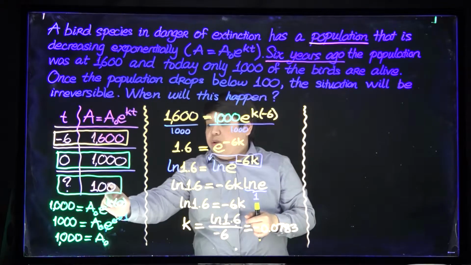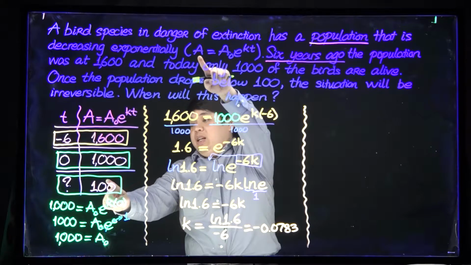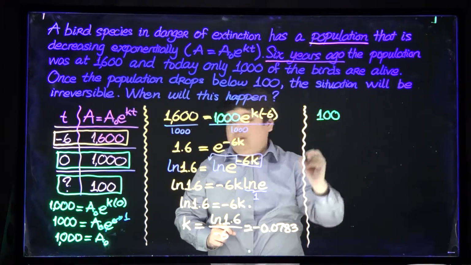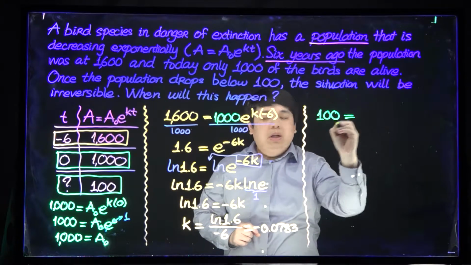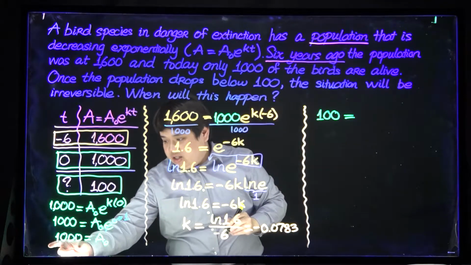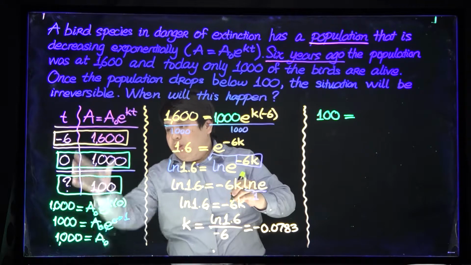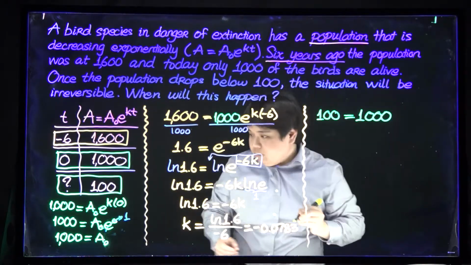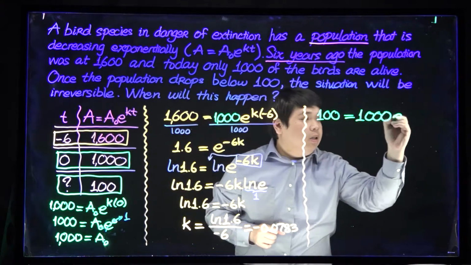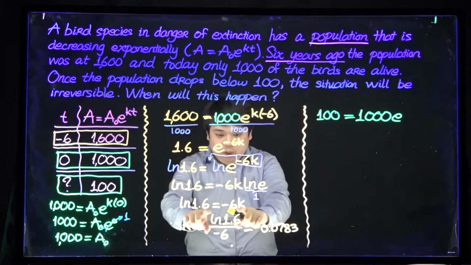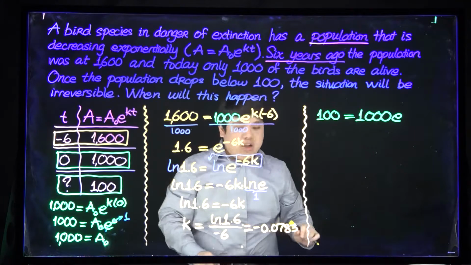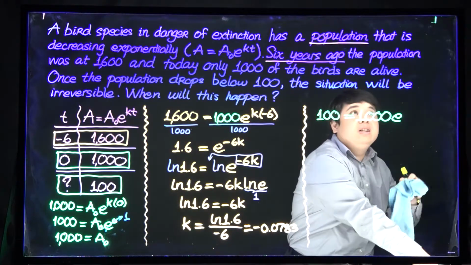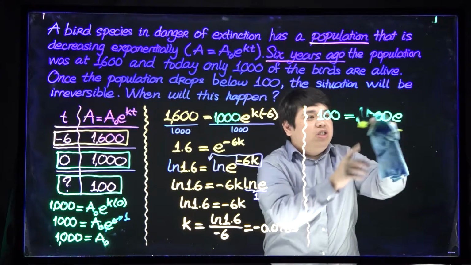The population now is 100. We put that in for A. The initial population is 1,000. We got that from the first part of the problem. The rate, we can either use the exact value or the approximation. We use the approximation there to save space.